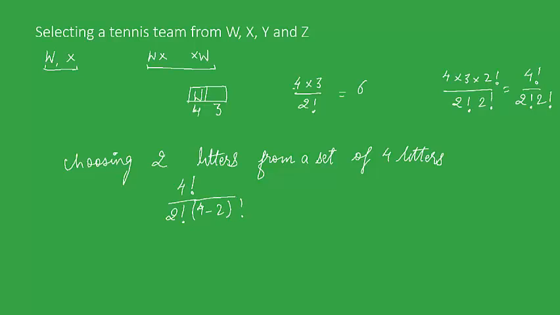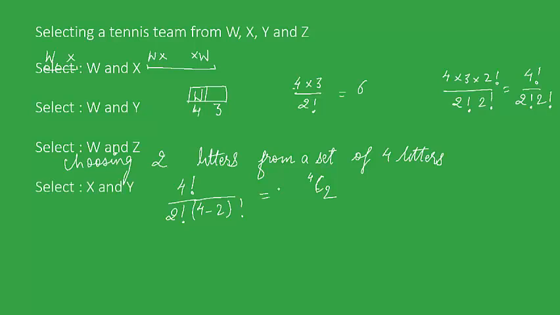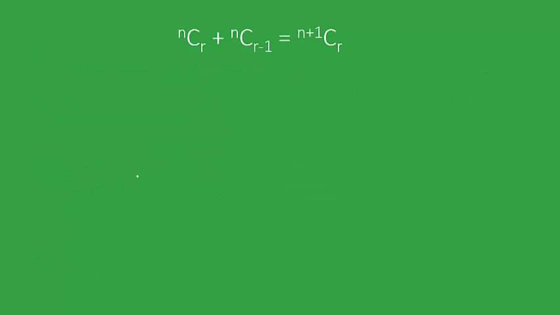It may not be very apparent from this particular example, but it will become clearer as we move forward. So this particular thing is written as 4C2, which says choosing 2 out of 4 letters. Here I worked out, let's say we choose WX, WY, WZ, XY, XZ, YZ, and so on.